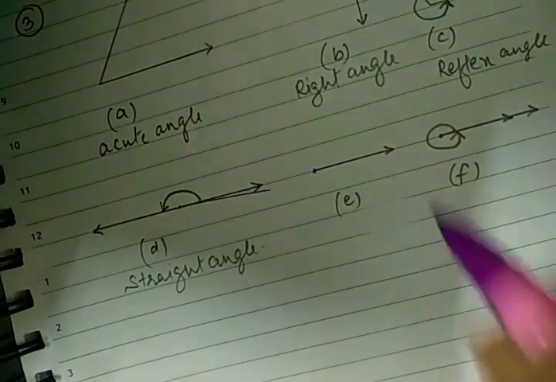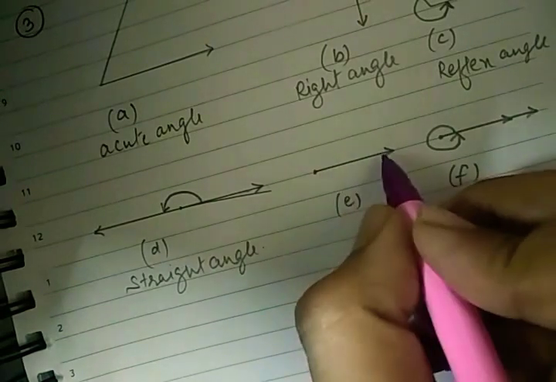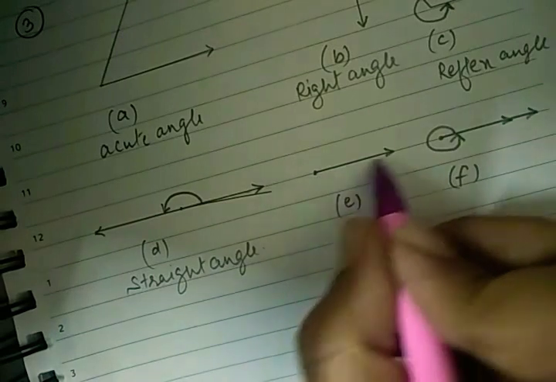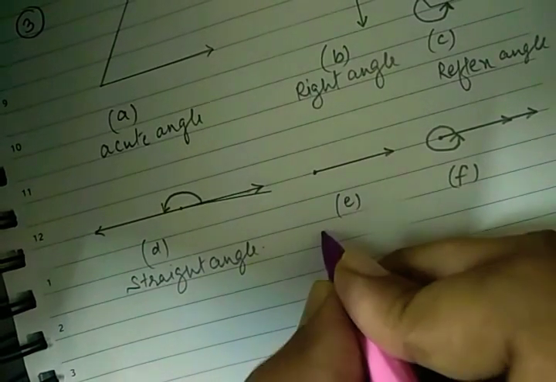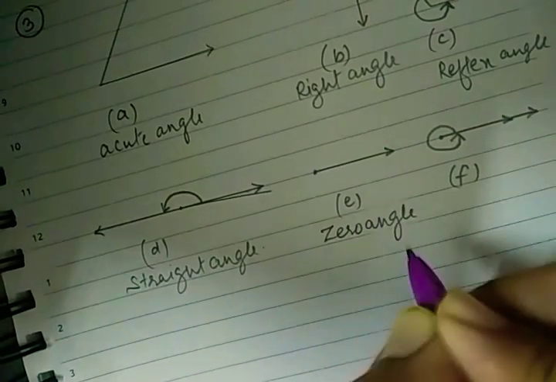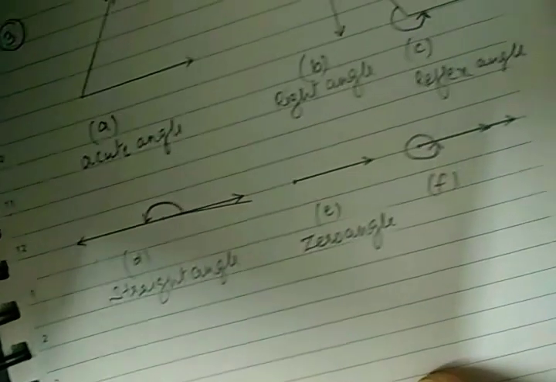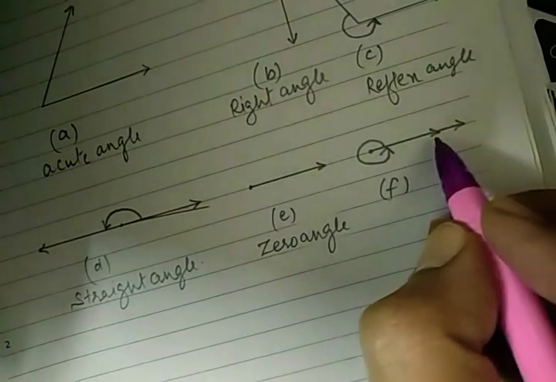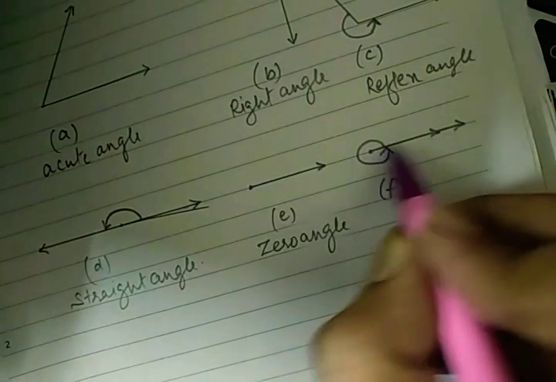Okay, now next you can see there is a ray shown over here, but there is no rotation at all. So this is only the initial ray, it has not moved at all. So this type of angle we call a zero angle because there is no movement of the initial arm. And when you look at the last one given in the assignment, you can see there are two arrows on the same line, they are coinciding.